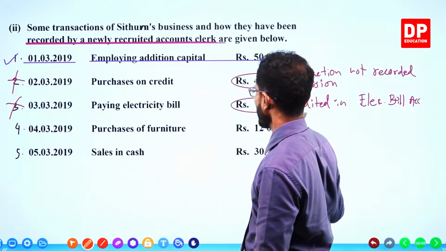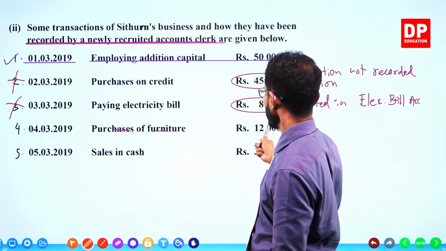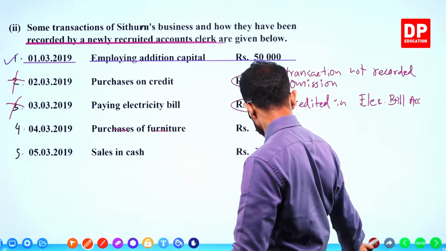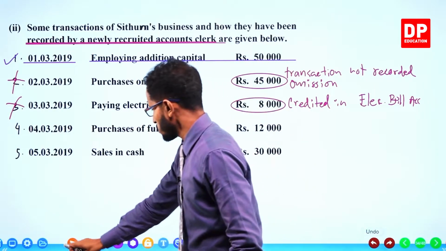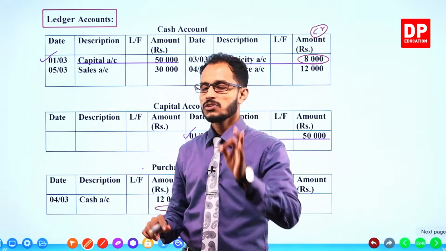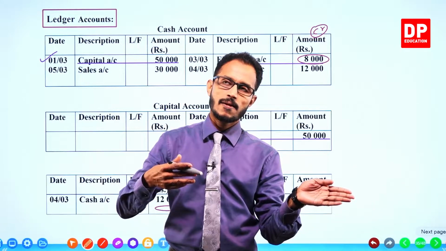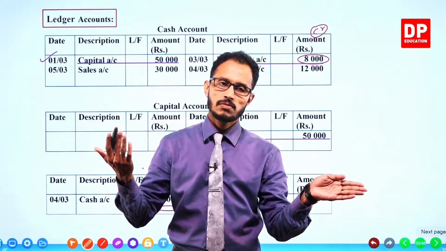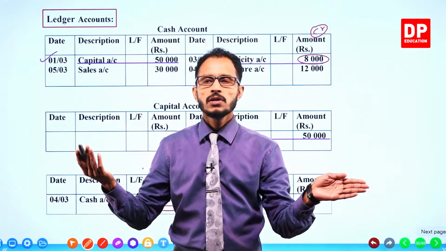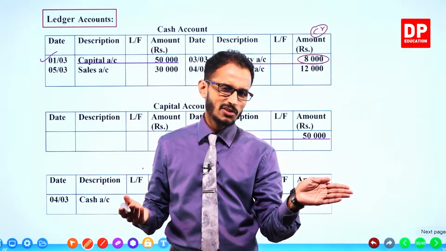Purchases of furniture 12,000. Let's see. Purchases of furniture means, children, when this transaction is recorded, it should be debited to the purchases account.